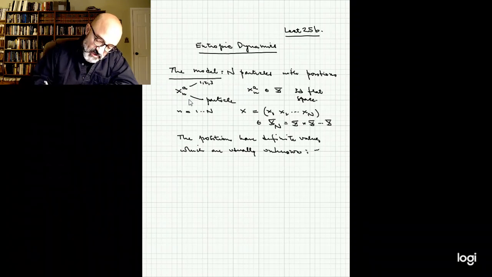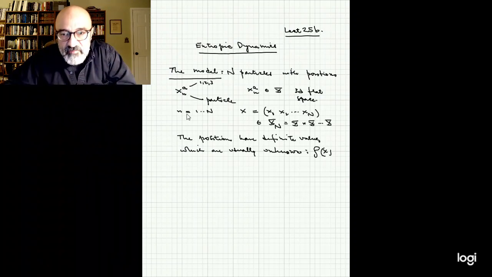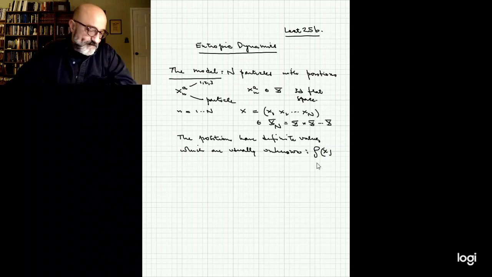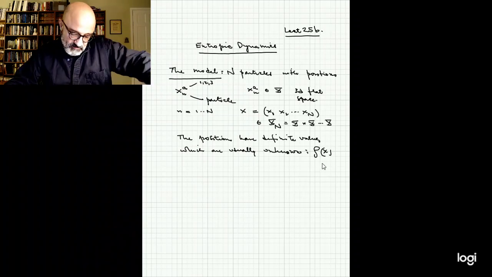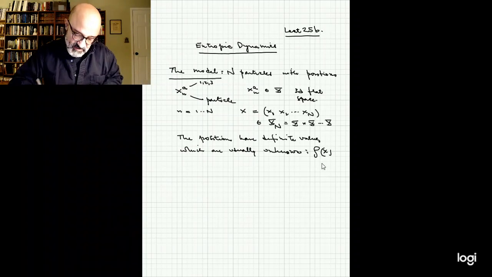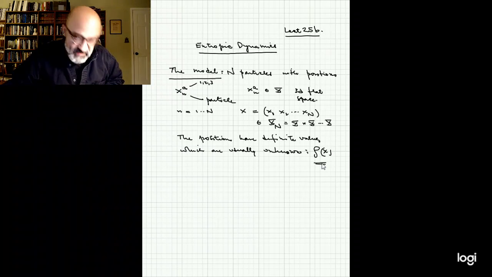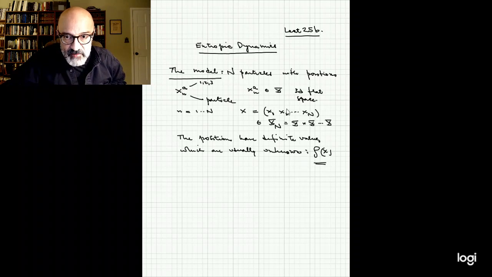And this is where our first important quantity is going to enter. We're going to be dealing with the probabilities of those positions. It's worth emphasizing this over and over and over again. The positions are ontic, they're real, and then the probabilities are epistemic.